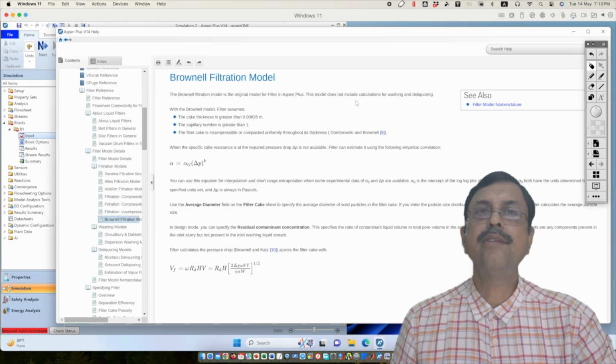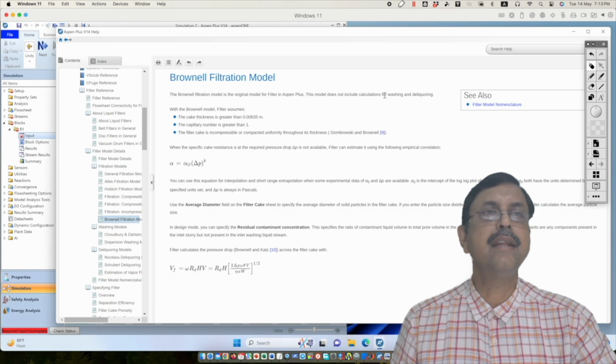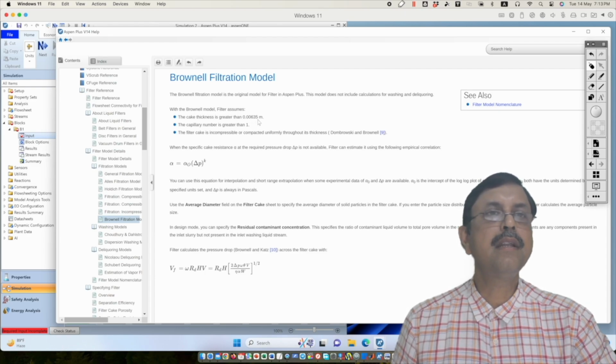And this model does not include the calculation of washing and deliquoring. Okay, it is just filtration and that's all. And this Brownell model assumes the cake thickness to be around 6.35 millimeter. It should be greater than that. The capillary number is greater than 1 and the filter cake is incompressible.